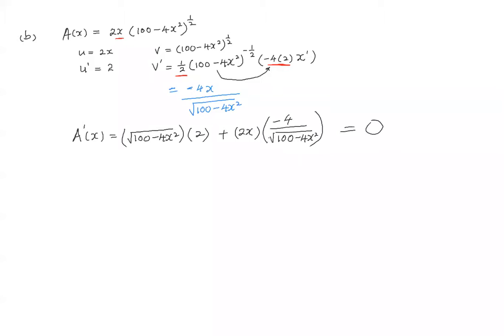When you equate equal to 0, this one divide by 2, this one divide by 2, this one also divide by 2. So at the end, you get square root of 100 minus 4x squared. This one divide by 2 already, cancel, cancel. Yeah, minus 4 over square root of 100 minus 4x squared equal to 0. Bring this whole thing over.